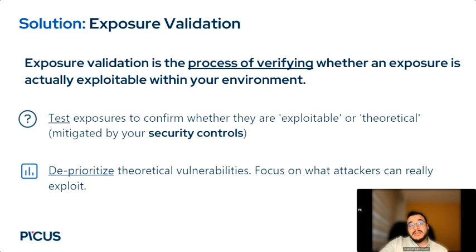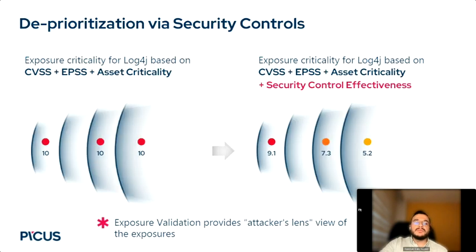So let me give you an example of how we can deprioritize some vulnerabilities using our security controls. As I said, we have CVSS scores. In this example, I gave the Log4Shell example. It was 10 out of 10. We all know that it was a hugely impactful vulnerability we found in late 2021.